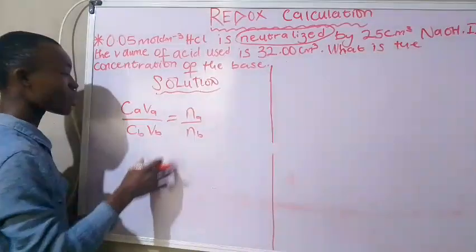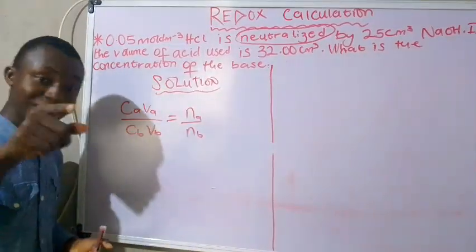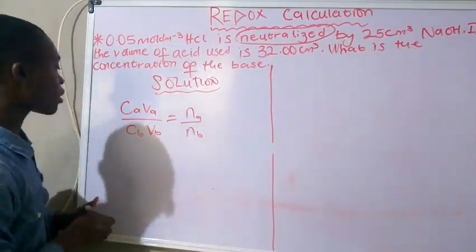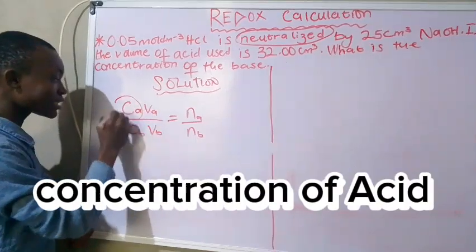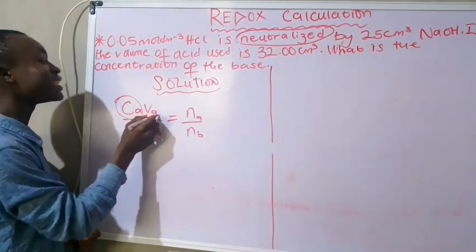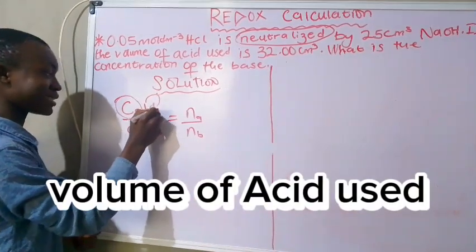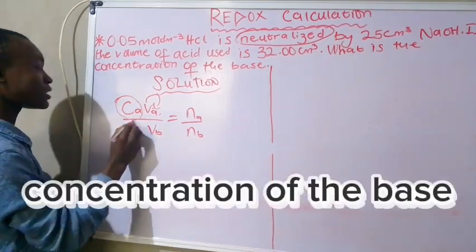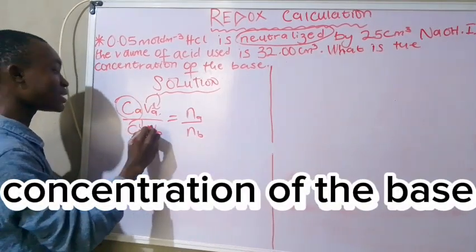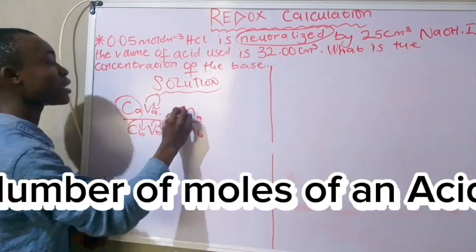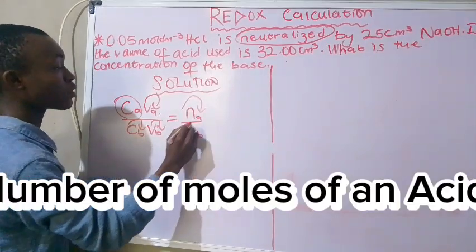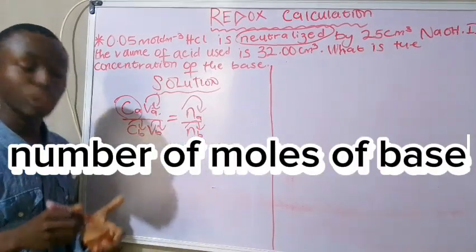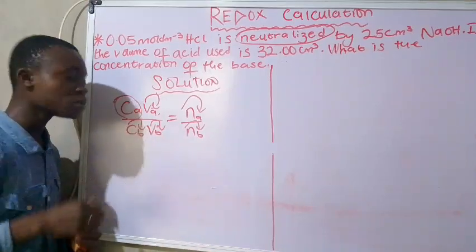This particular formula must be noted. Here CA is the concentration of the acid, VA is the volume of acid, CB is the concentration of base, VB is the volume of base, NA is the number of moles of acid, and NB is the number of moles of base. That should be noted.